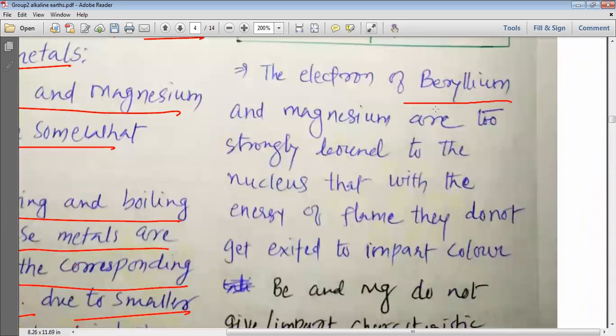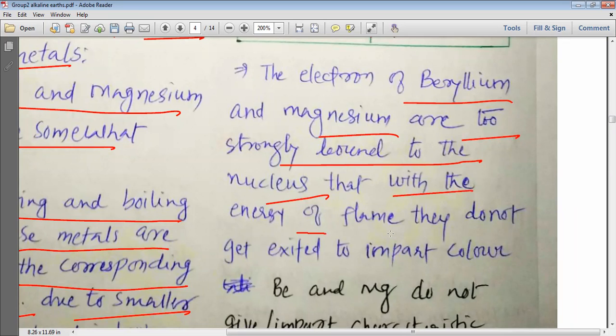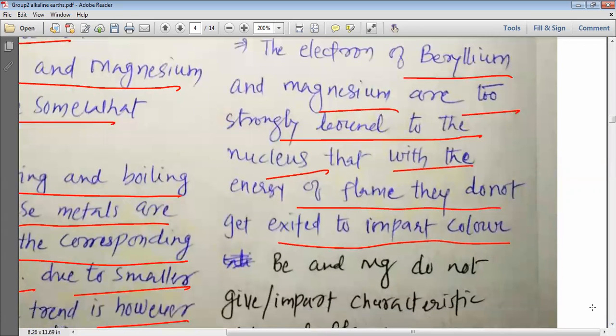The electrons of beryllium and magnesium are too strongly bound to the nucleus. Please remember that with the energy of the flame, they do not get excited to impart the color. We have seen that beryllium and magnesium are a little harder because of the strong metallic bond between the beryllium kernels or magnesium atoms.